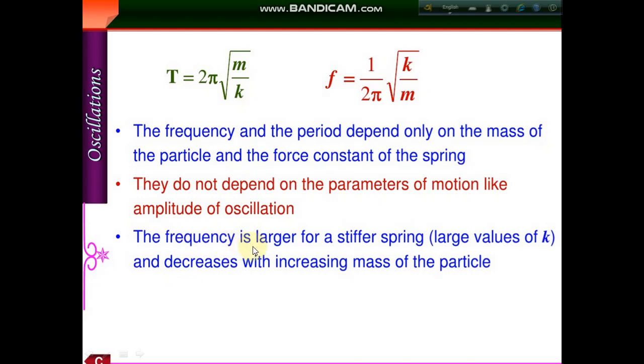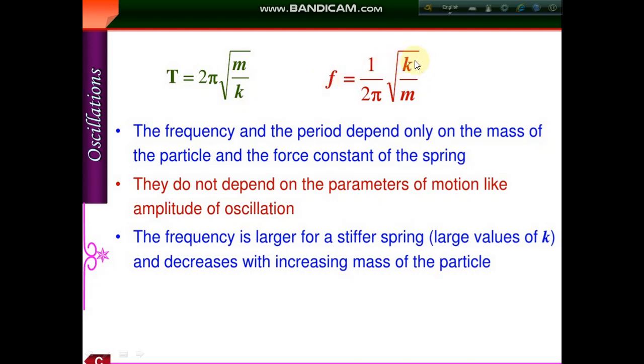The frequency is larger for a steeper spring, that is, a large value of k, and decreases with increasing mass of the particle. From this equation we see that the frequency f is proportional to the spring constant.